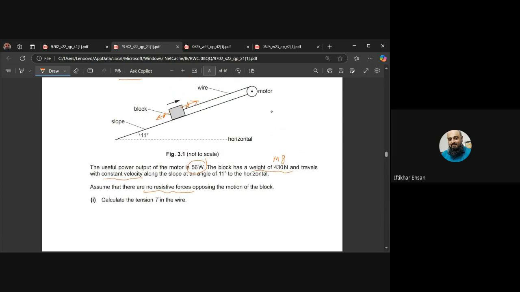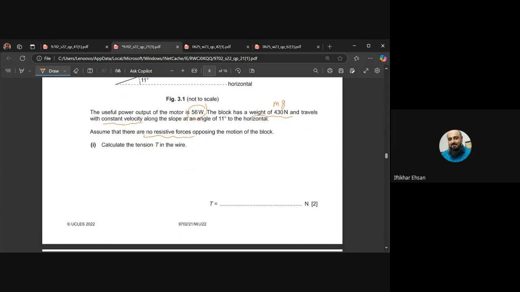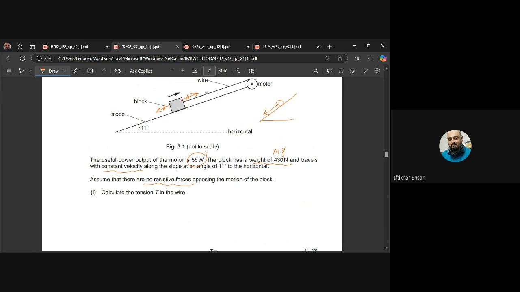So beta, we have done this in the first chapter. Whenever any object is on the slope, what is the force going down? Isn't it mg sine theta? It means the pulling force, tension, must be equal to the downward force, that is mg sine theta. So tension is equal to mg sine theta. Beta, do you know that?